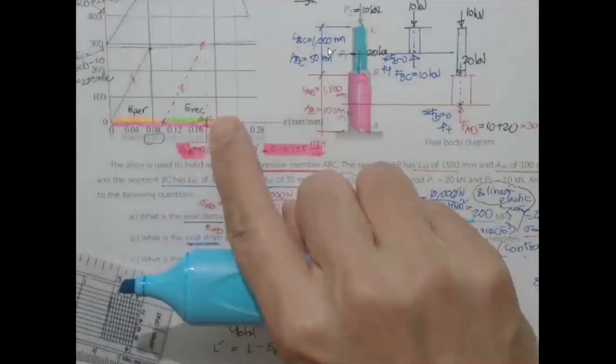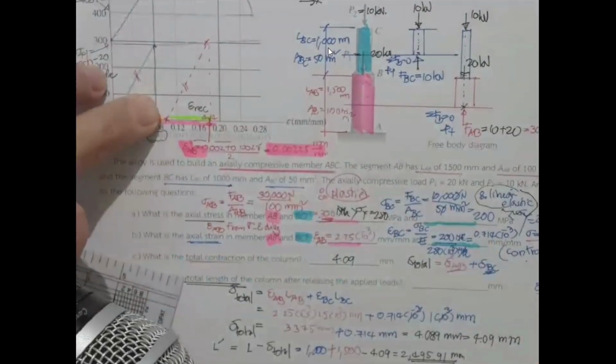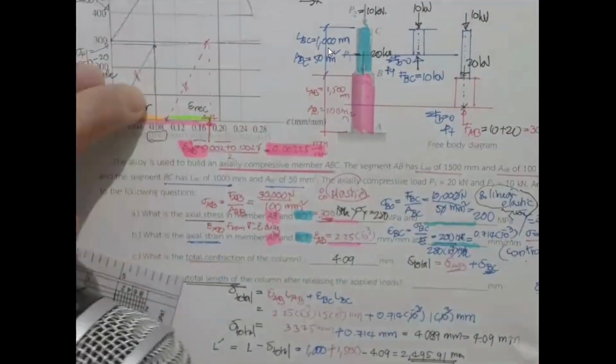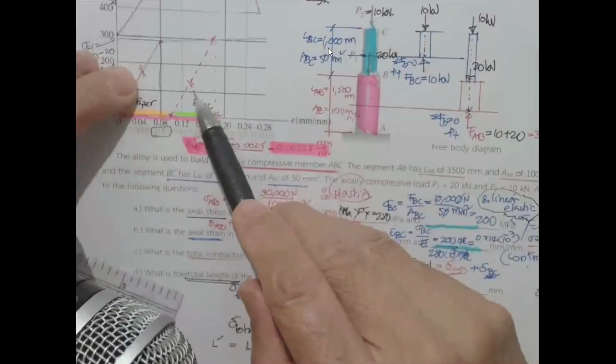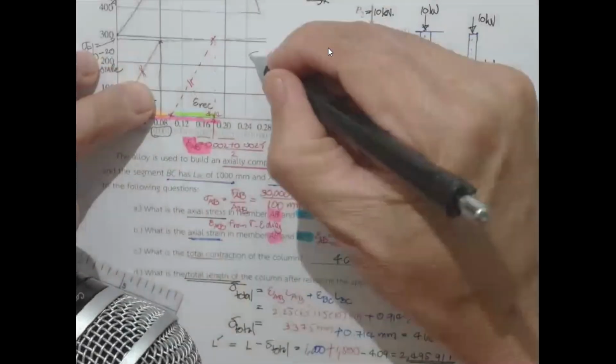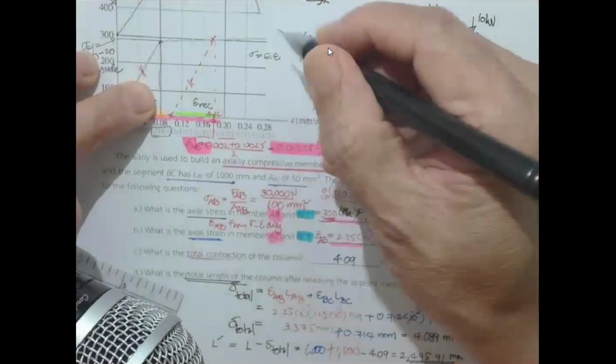Okay, but we have to determine the green first. In order to determine recovery strain, the portion over here is in Hooke's law, in the linear portion. So sigma equals E times epsilon.